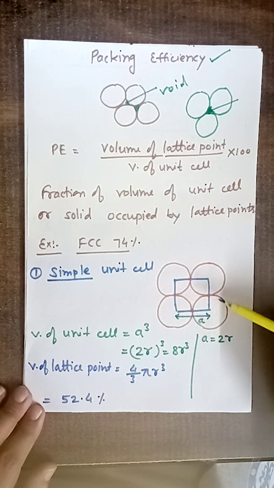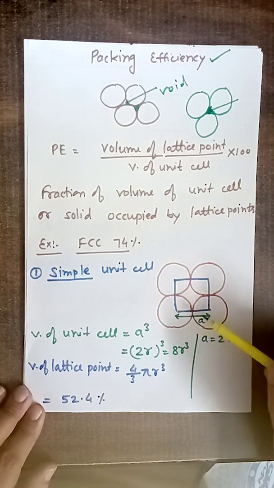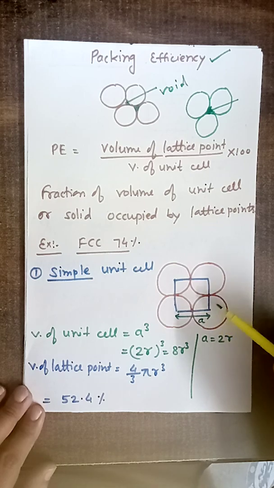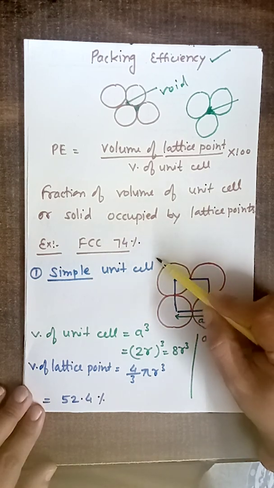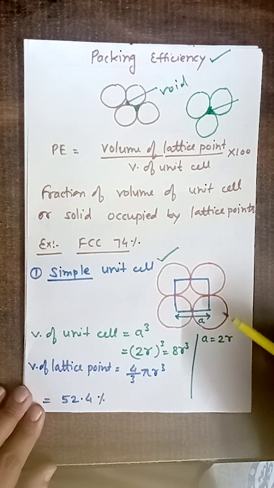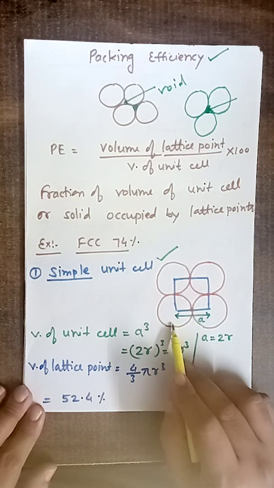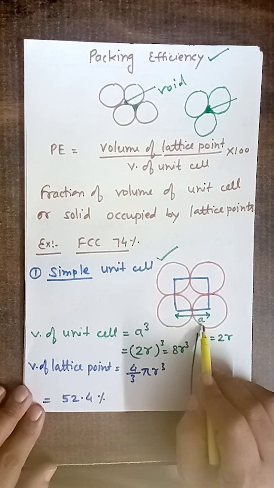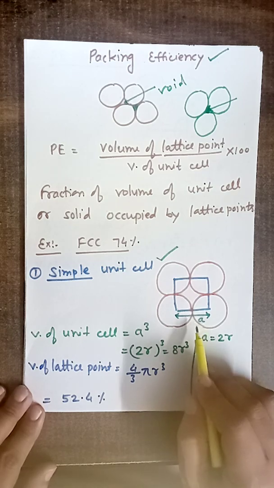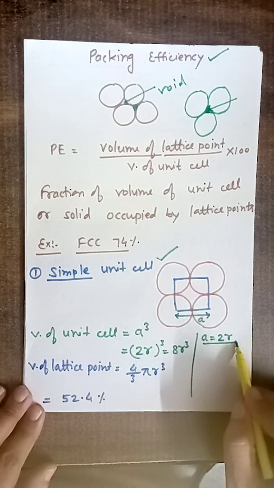And here you have to remember that all the particles at corners are in contact with each other. You can see the edge length, which is represented by small a, and in the diagram edge length is equal to twice of r, a = 2r.